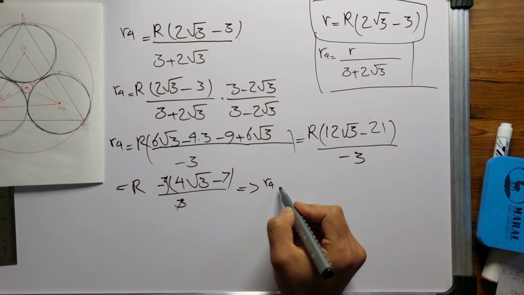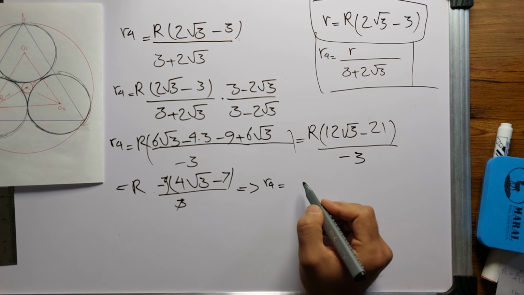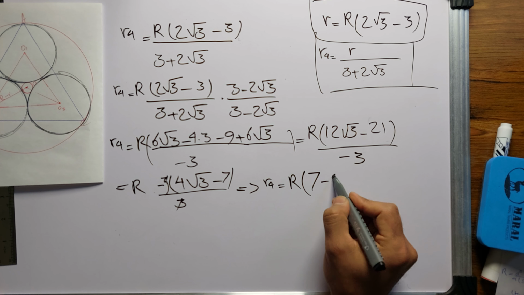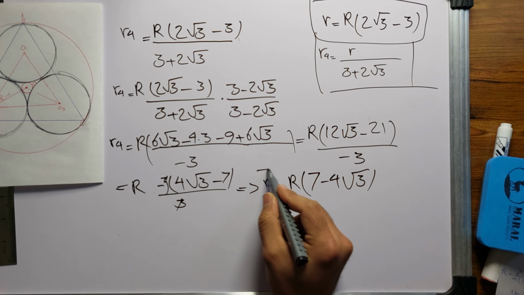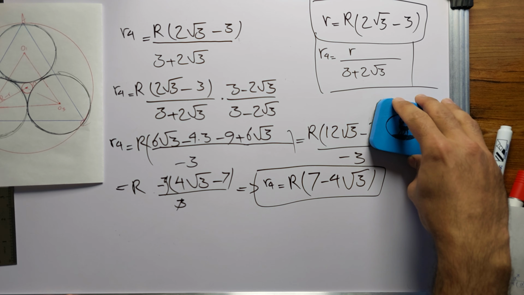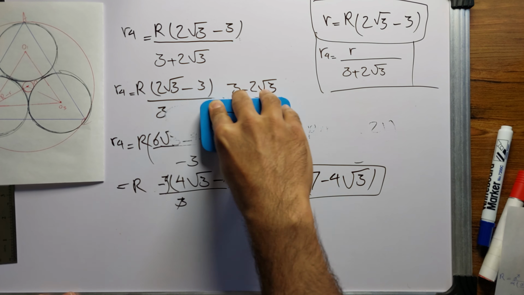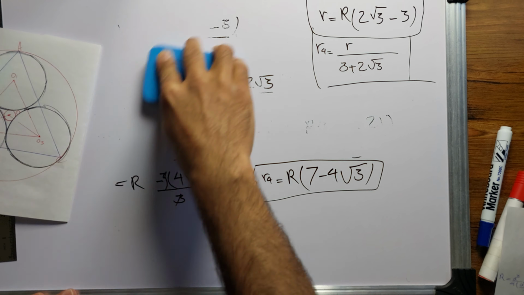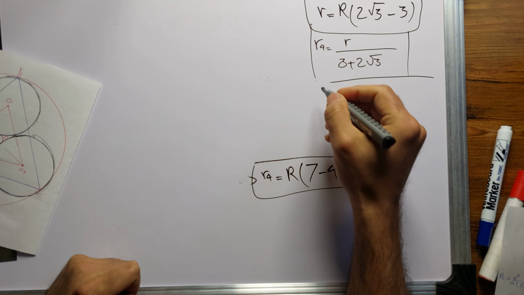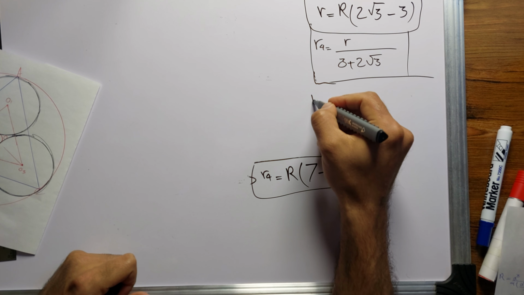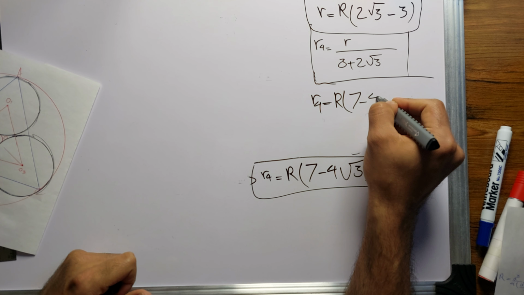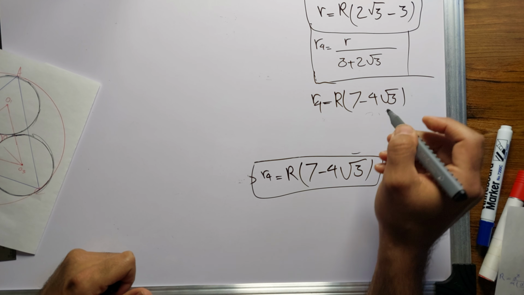So r sub 4 becomes r times 7 minus 4 square root of 3. So this is the radius of the inner Soddy circle. So let me write it down here. R sub 4 equals r times 7 minus 4 square root of 3.